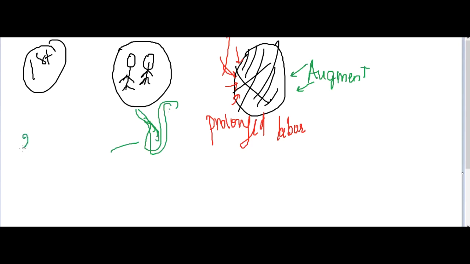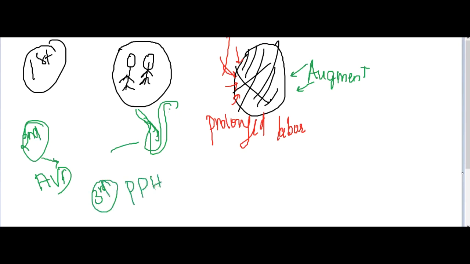Then in the second stage of labor, there is a chance of usage of instruments. Assisted vaginal delivery must be done. We can use forceps or vacuum extraction, or assisted breech delivery should be done. In the third stage, there is an increased risk of postpartum hemorrhage.